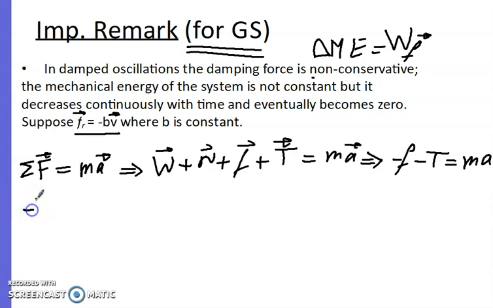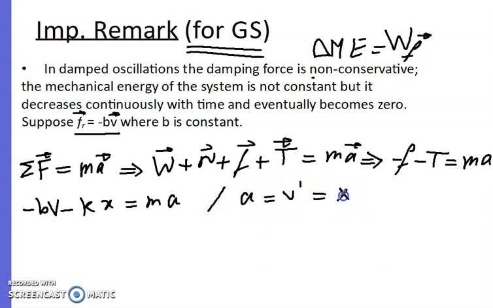It means: minus bv minus kx equals ma. And you know that in rectilinear motion, a equals v prime equals x double prime. So you can obtain the differential equation, m x double prime plus b x prime (or v) plus kx equal to 0.